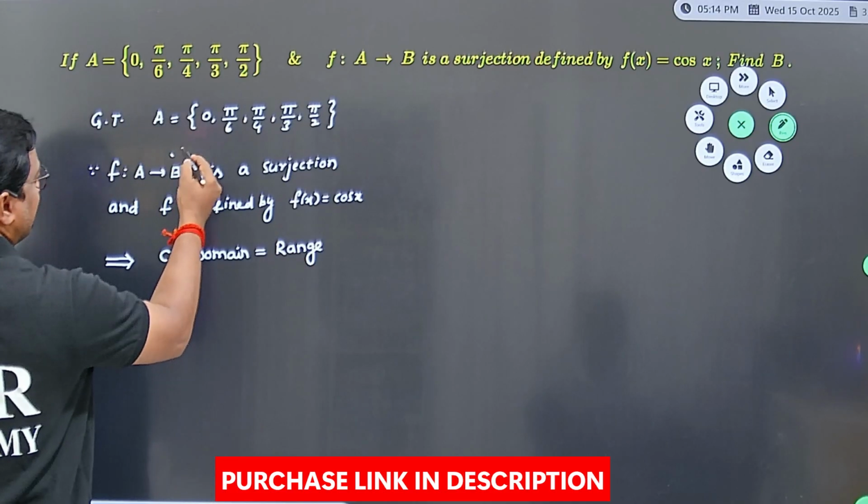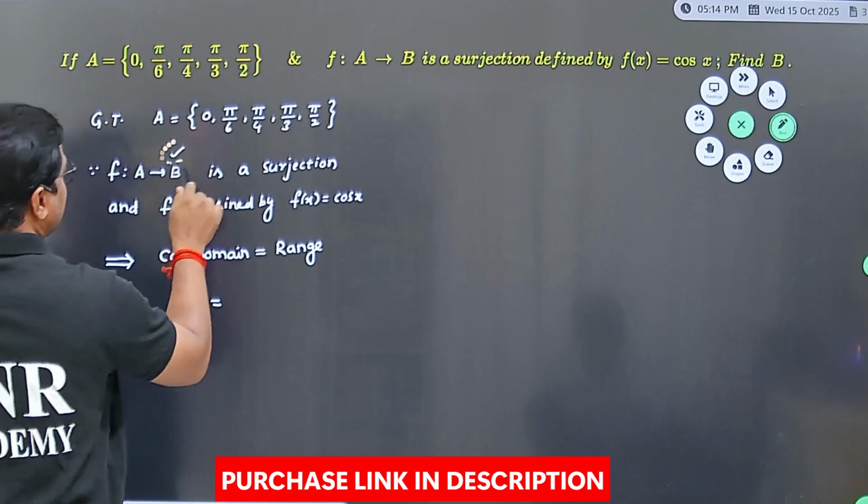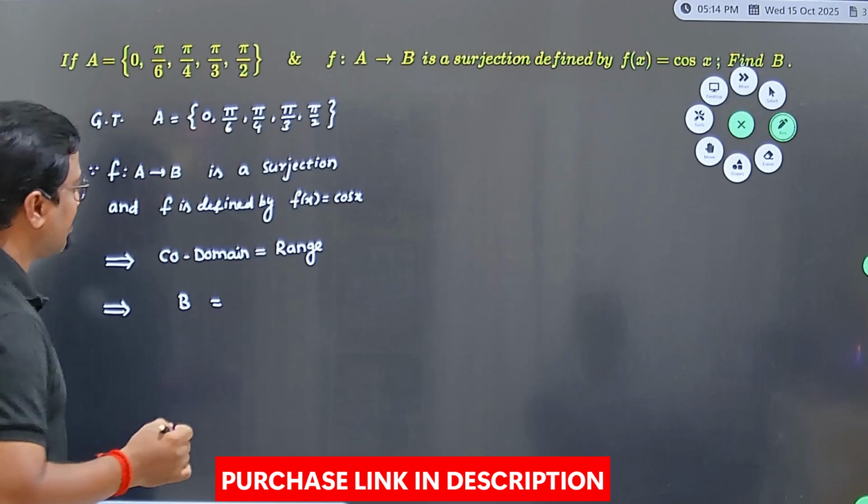Codomain is the second set, that is B. Range means the set of all output values.